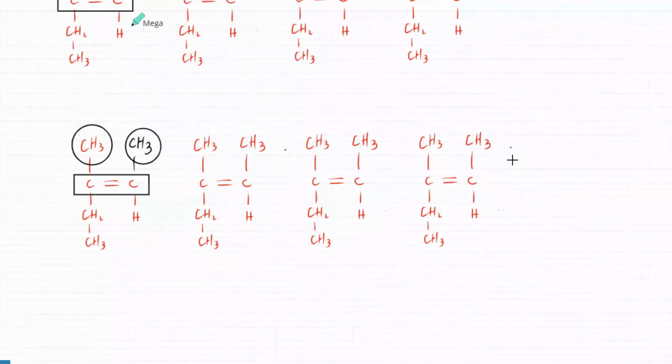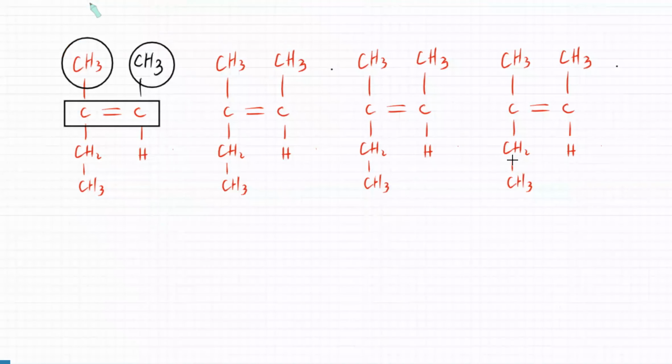The rest of the molecule remains exactly the same. So all that happens is that these double bonds turn into single bonds, and your molecules start connecting with each other. And that's going to be your polymer.